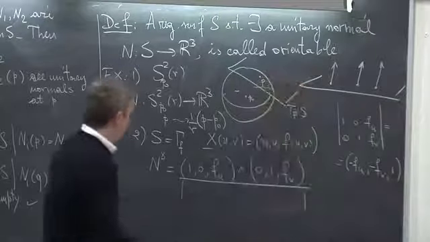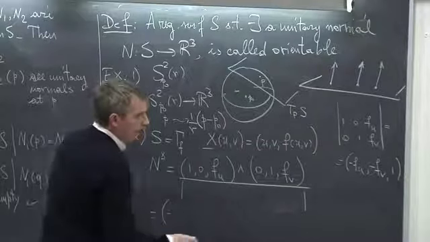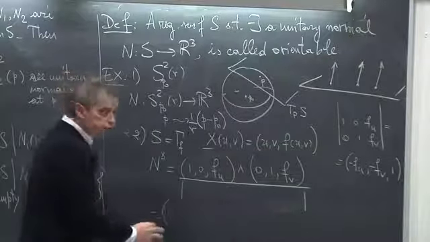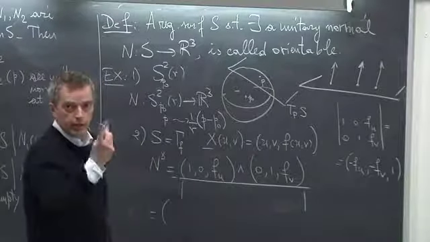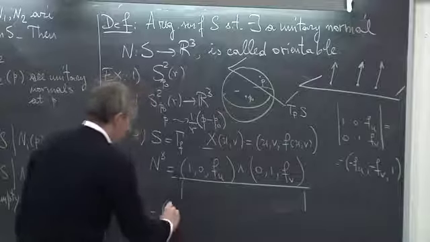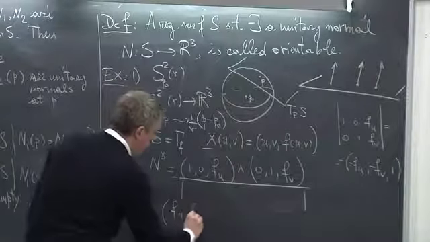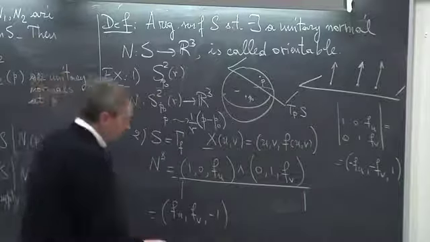Okay, this is the vector product. Oh, in fact, since I hate to write two minuses, I change sign. Why not? I can pick n or minus n, it's the same. I mean, it's another unitary normal. So this is (f_u, f_v, minus 1) divided by its norm.